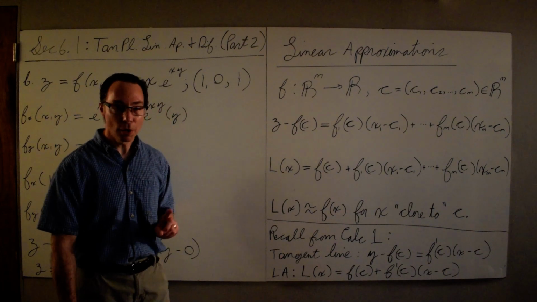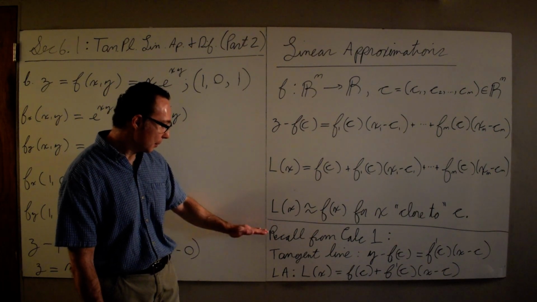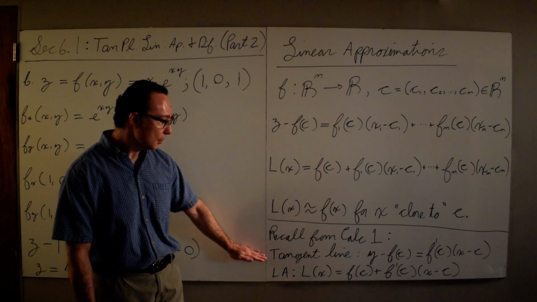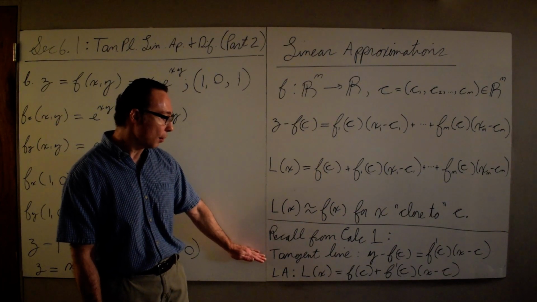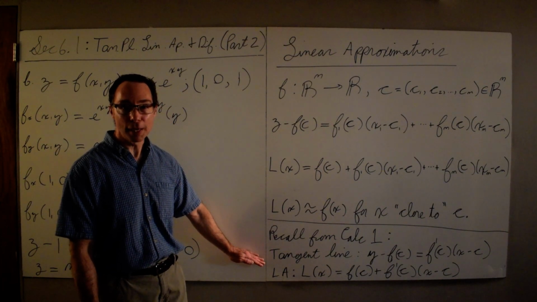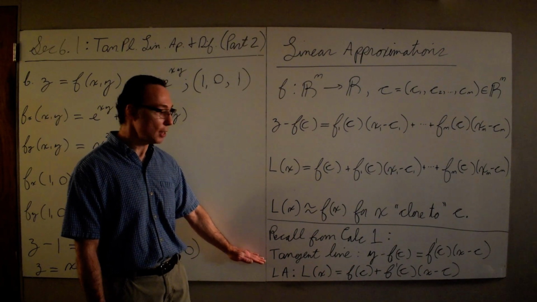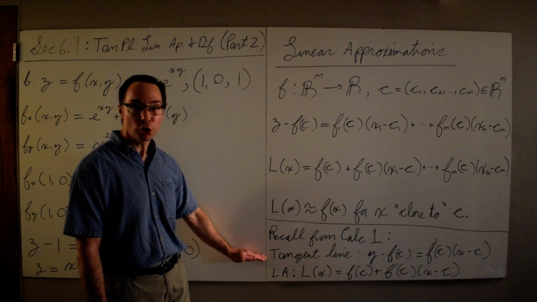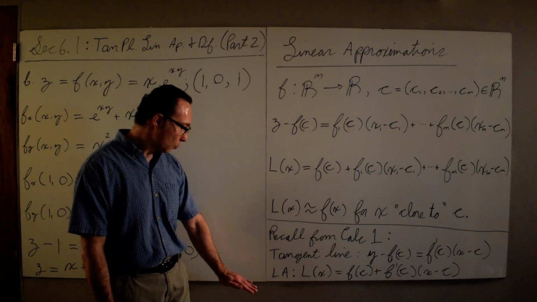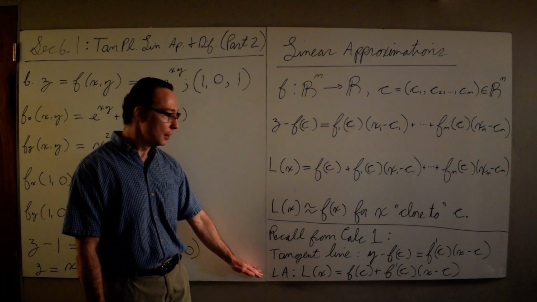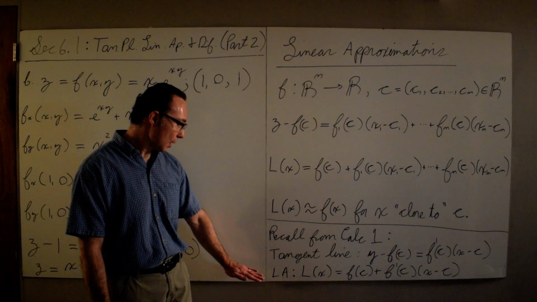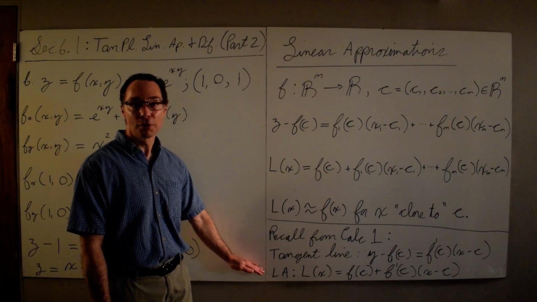Now, also recall from Calc 1 what happened. We had the equation of the tangent line, y minus the y coordinate is equal to the slope times x minus the x coordinate. The y coordinate is f of c, the slope is f prime of c. Then we took that tangent line and we wrote it in function notation as a linear function, and that was the linearization of f at c.